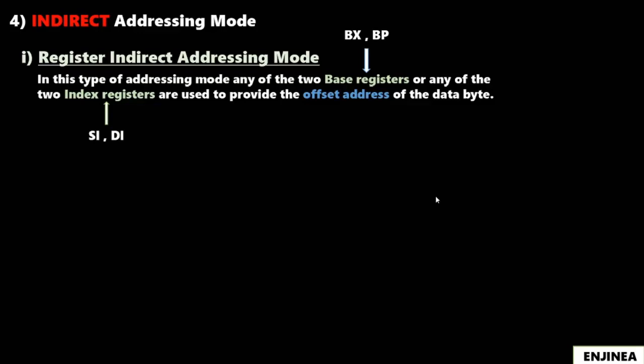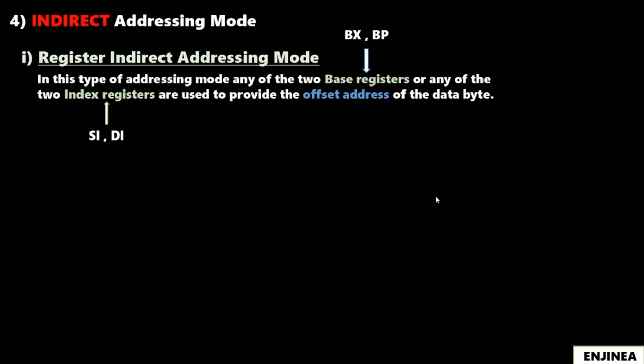We know in our 8086 microprocessor there are base registers called BX and BP, and index registers called SI and DI. So any one of these four registers is used in this type of addressing mode in order to provide the offset address.